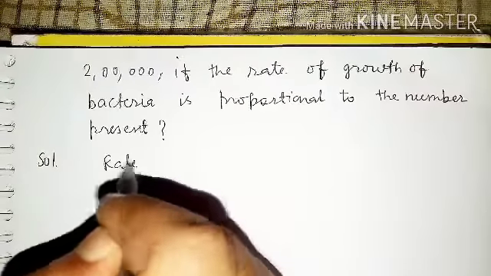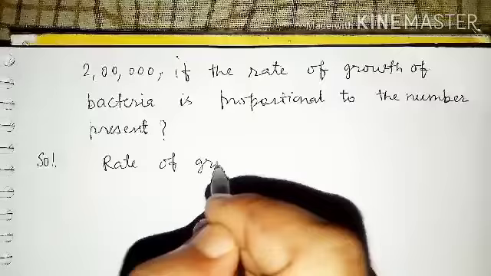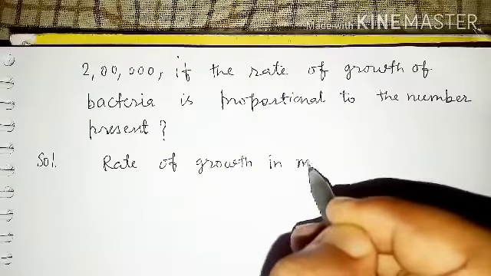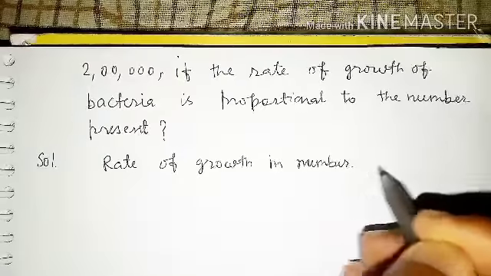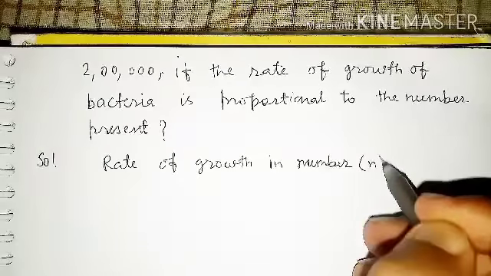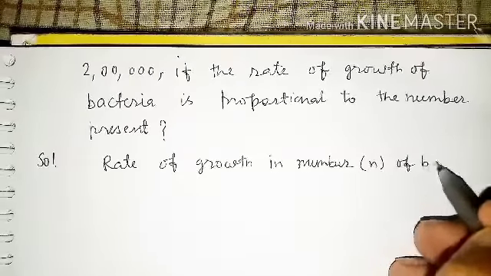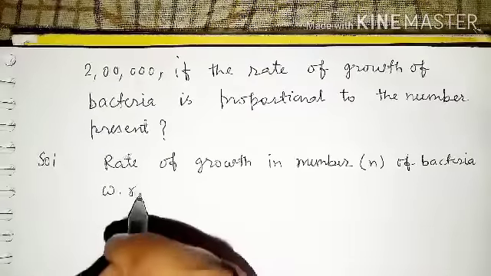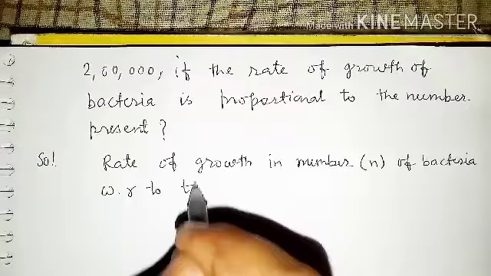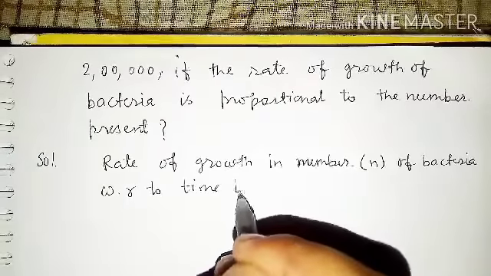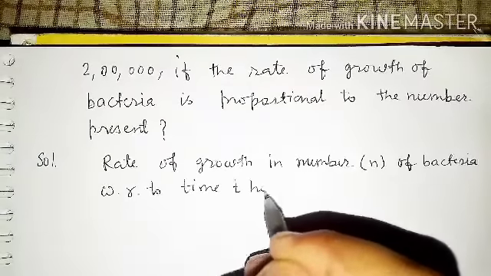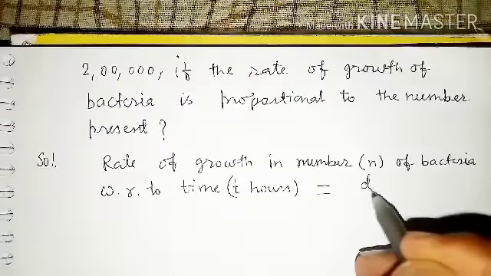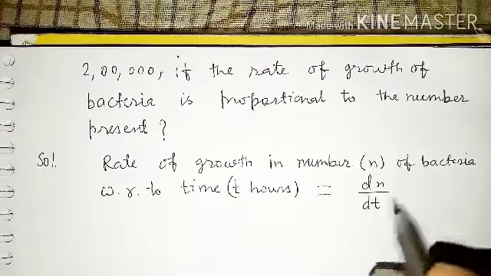Rate of growth in number n of bacteria with respect to time t hours is equal to dn by dt.